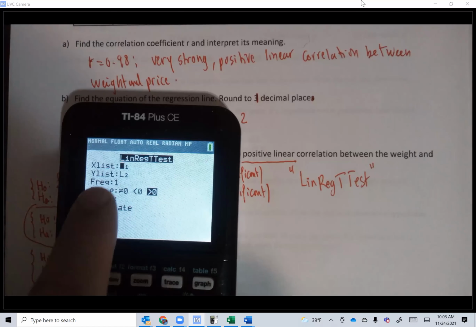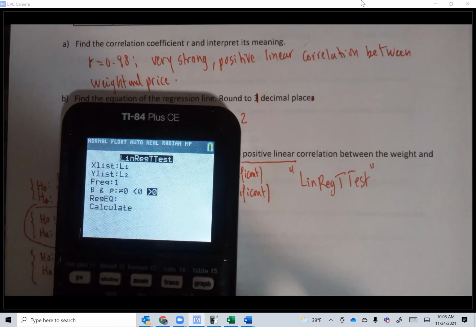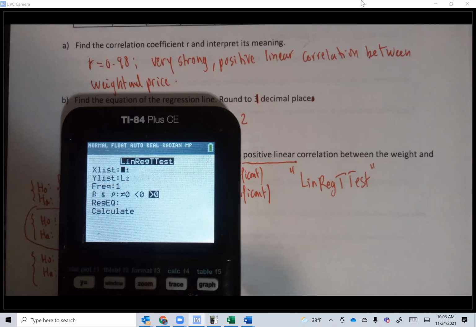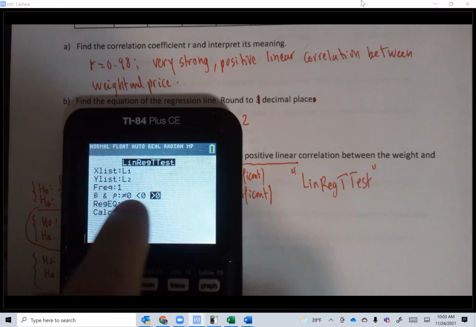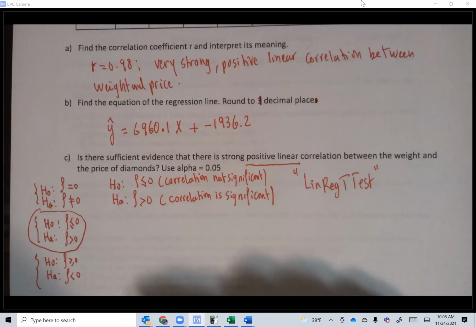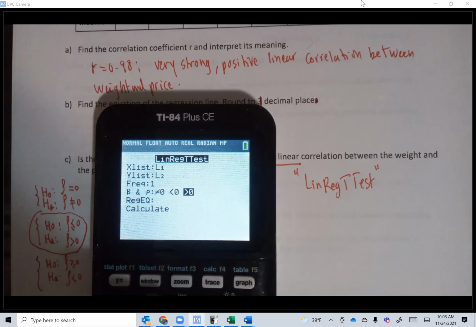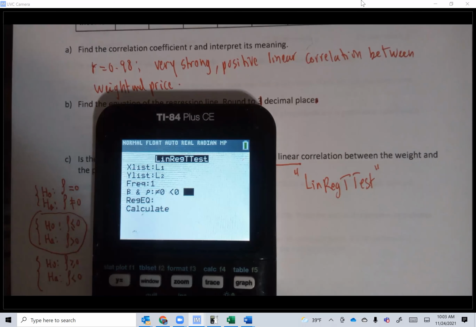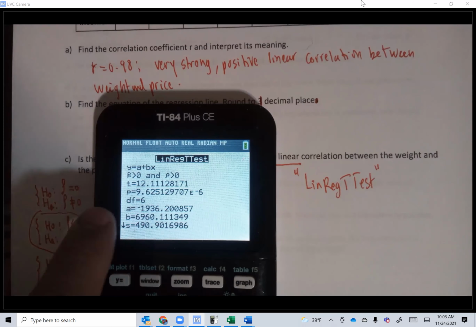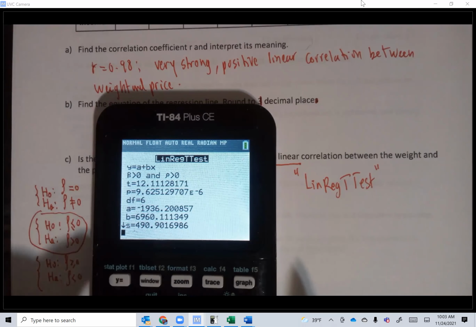And look, guys, L1, L2, please pay attention here. There's only one step that you have to make. Choose the correct alternative hypothesis. Since the alternative hypothesis is greater than 0, you have to choose the greater than 0. And look, guys, it's already been selected for you right here. Enter and hit calculate. Okay, T is 12.11.